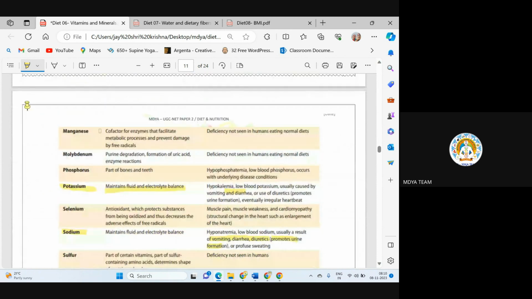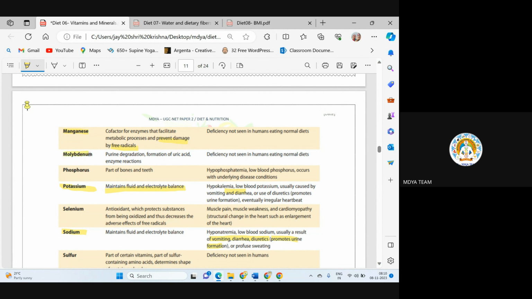Okay, next is manganese. Manganese is a type of antioxidant. Antioxidant means it prevents damage by free radicals, and deficiency of manganese is also not that much common.